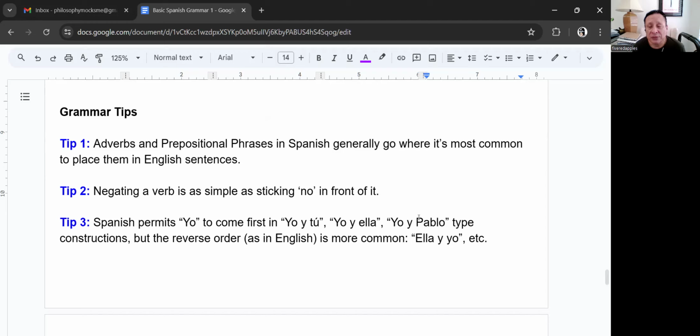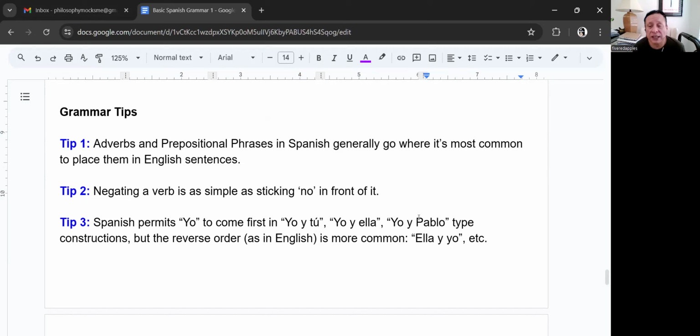Whatever you're trying to say in Spanish, wherever in English you would put that adverb, maybe at the beginning, maybe after the subject, maybe at the end of the sentence, that's the most common place for it in English, and it's going to work in the Spanish sentence. So if it goes at the end, then put the Spanish adverb at the end. That's the tip. Prepositional phrases, adverbs, that's the tip.